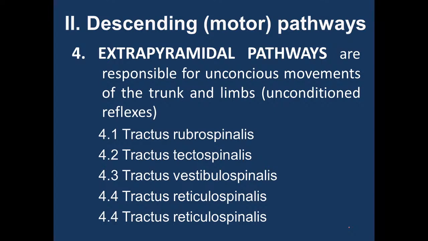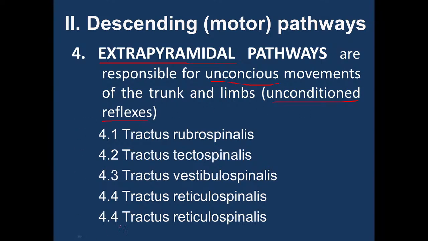And some of the descending motor pathways, we call them extrapyramidal because they are unconscious. We can't control them, we can't move some muscles this way. This is some kind of unconditioned reflexes, we call it.